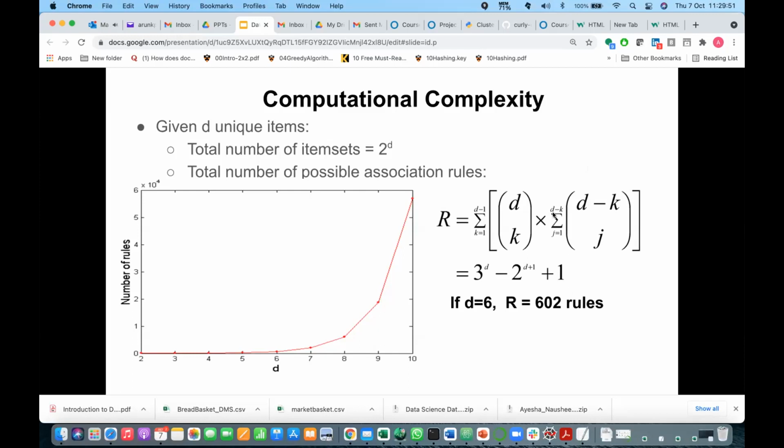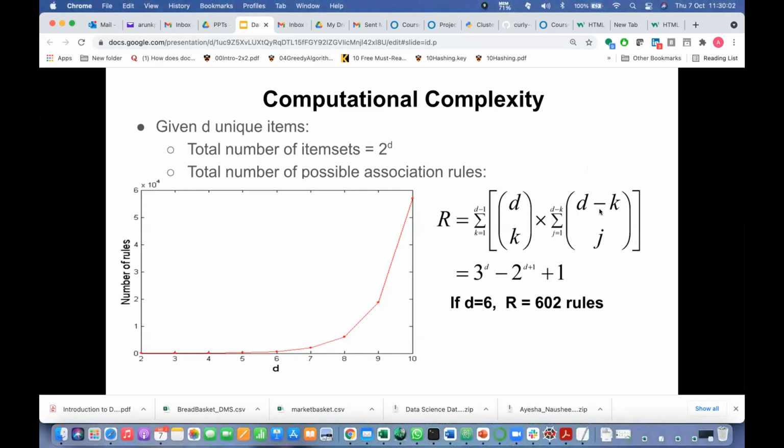So this is a product rule, right? First you can select d C k. Second you can select d minus k C j. So according to the product rule, all those things will come here. Then for each k equal to 1 to d minus 1, you are summing up.